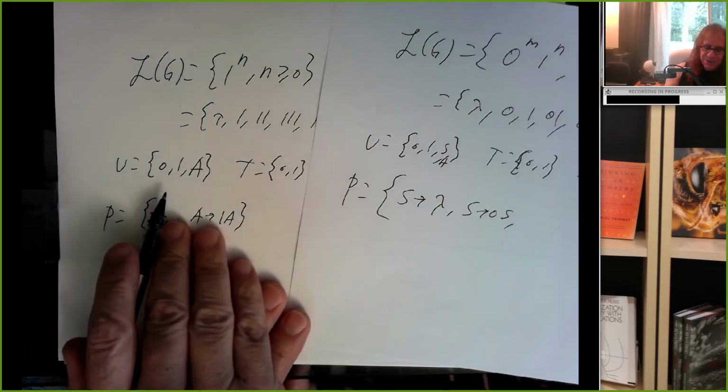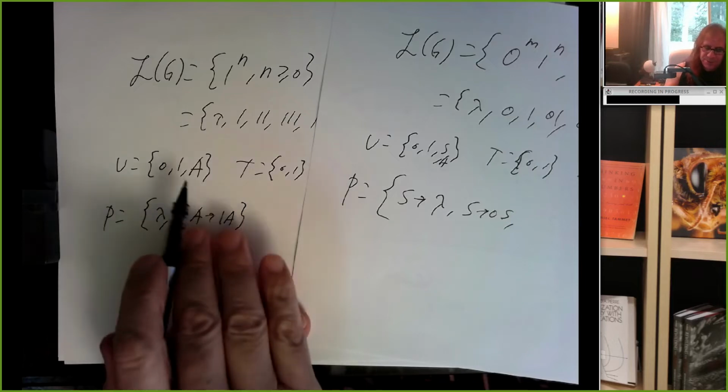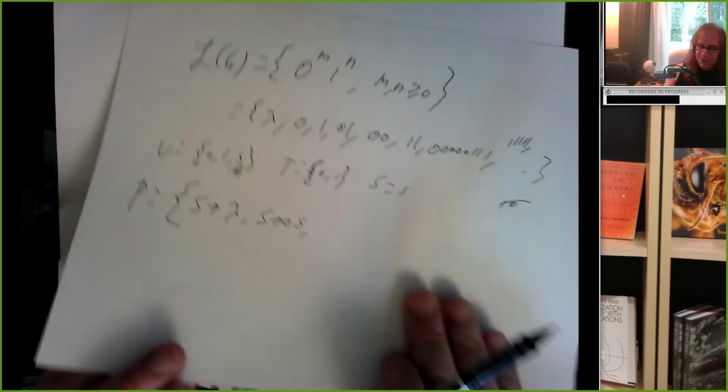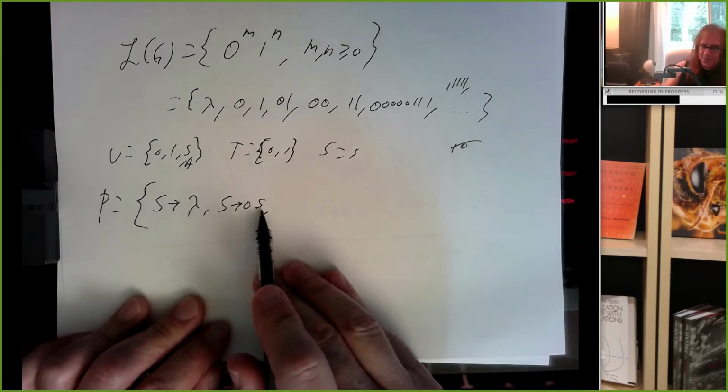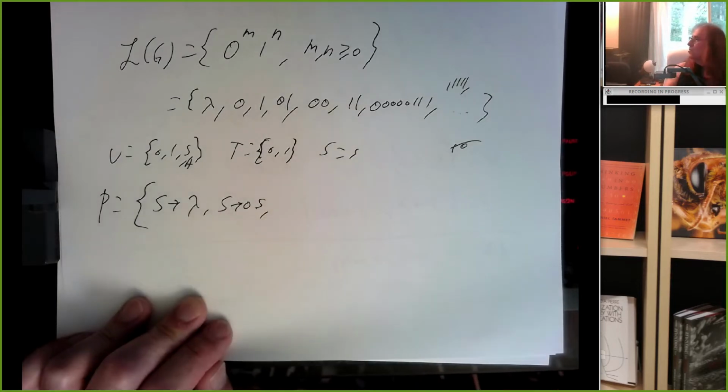And we don't want our start symbol to change, right? But after we've got a bunch of zeros, we'd like to have a bunch of ones.